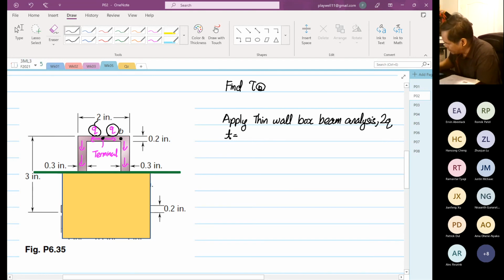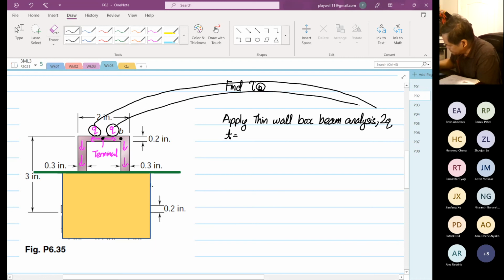I will put the arrow down here, 2Q. The thickness is perpendicular to the shear flow direction, so it's 0.2 inches.